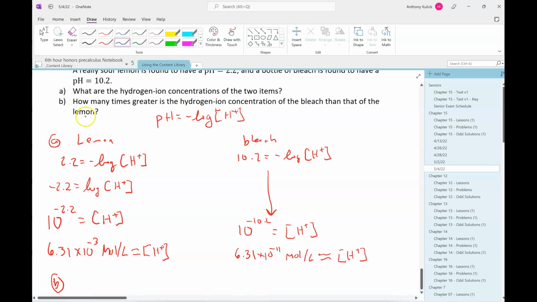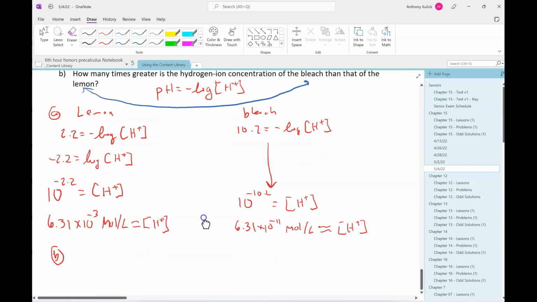And then for part B, I think there's an error in this. I think it should read, how many times greater is the hydrogen ion concentration of the lemon than that of the bleach, since clearly the lemon is more hydrogen ions. I think that was just a typo.